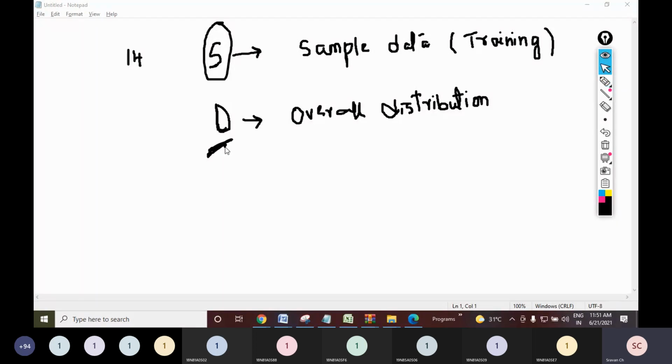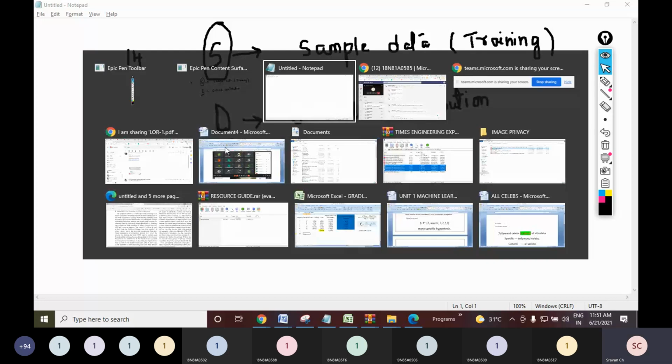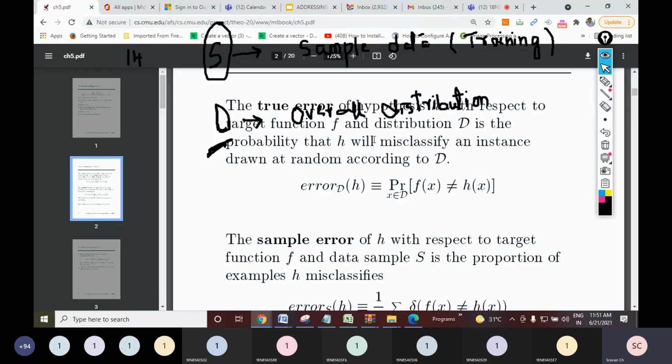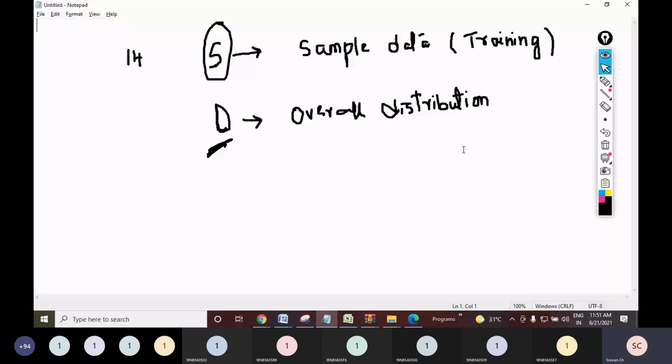Now coming to this point, see the definition. It says the probability that H will misclassify an instance drawn at random according to D. So in my entire data set, not on these 14 records, let us say there are 1,000 records.